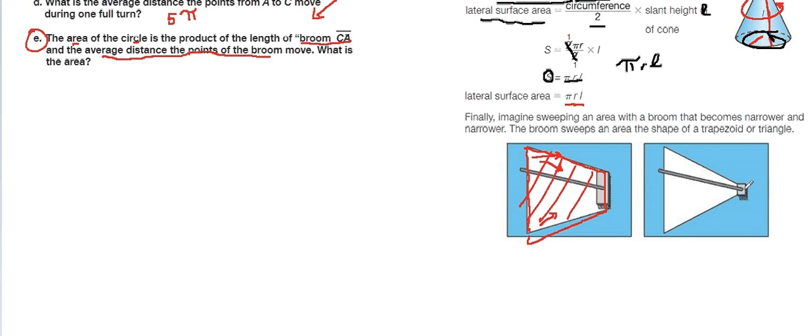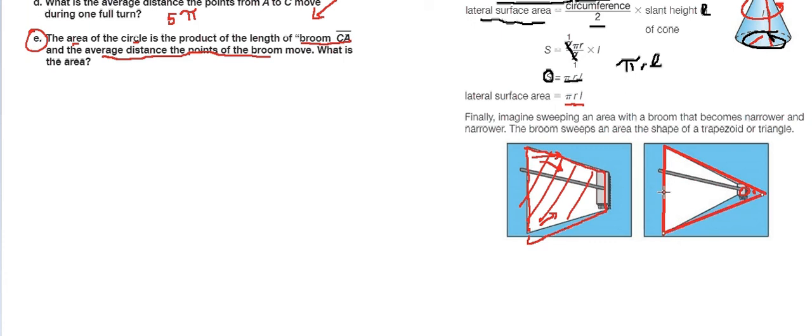What if we thought of this broom as getting smaller and smaller until it just reaches a point? All right, so what we've developed now is, okay, the broom started out this wide, and now what we've got is a triangle. Here, I'll start it from where I said it disappeared, so to speak.